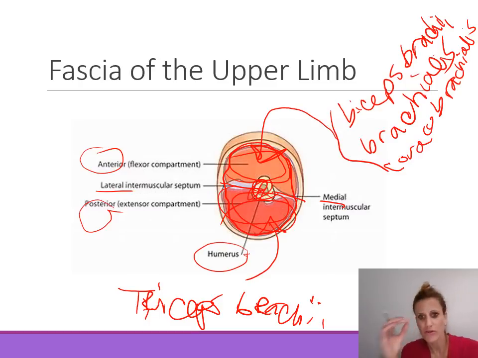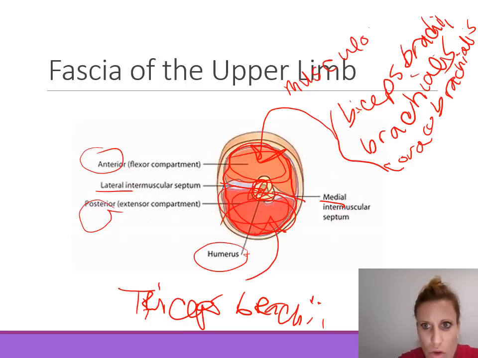And these are completely separate from each other. They have their separate muscles, they have separate actions, and they have separate innervation. So, for example, the flexors are innervated by the musculocutaneous nerve.